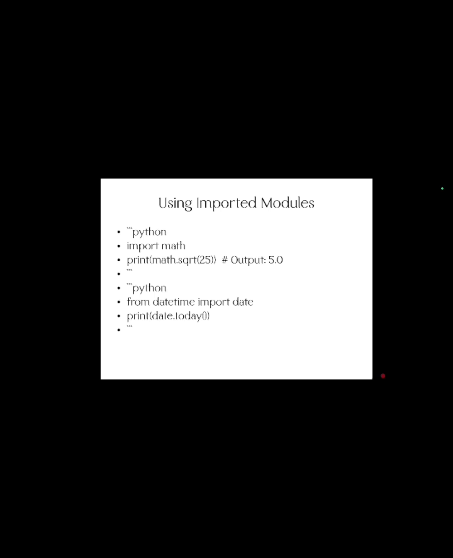The next one is from datetime import date, date.today. That means datetime is the module and we want to import today's date. That means we want to print today's date. Hence the output will be June 6th.